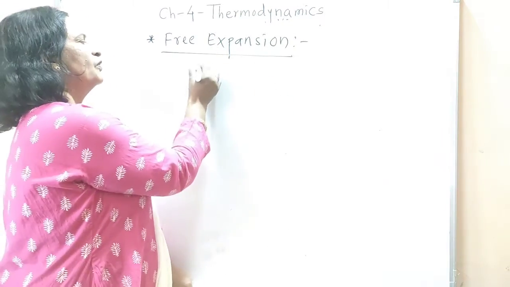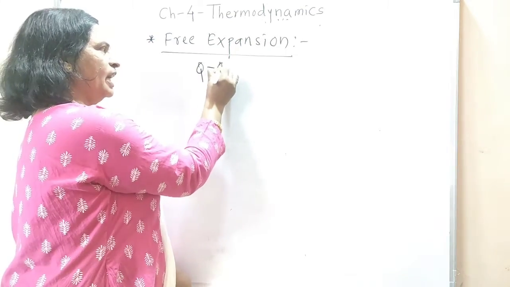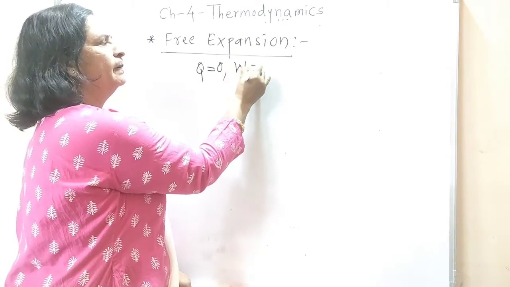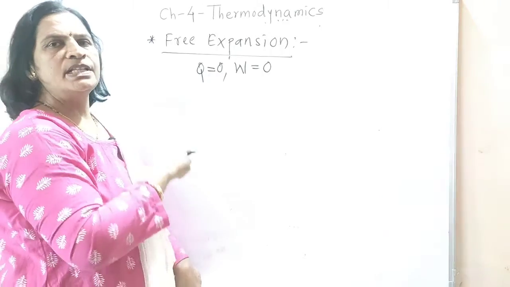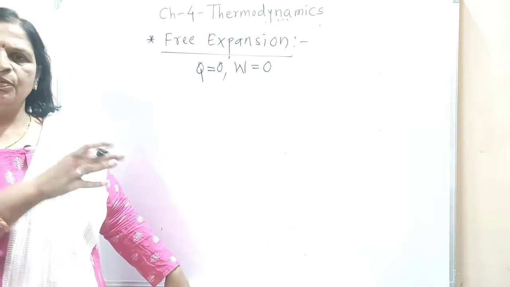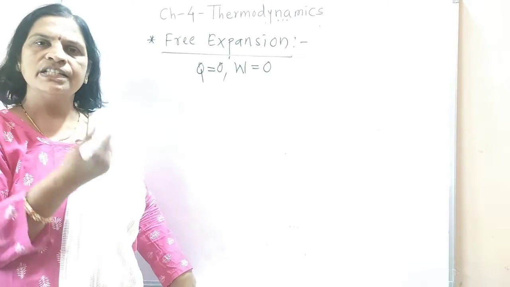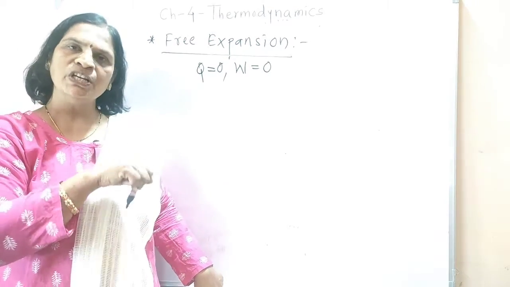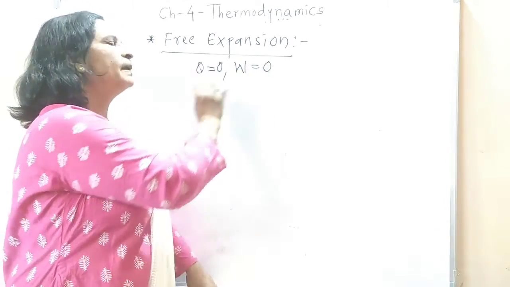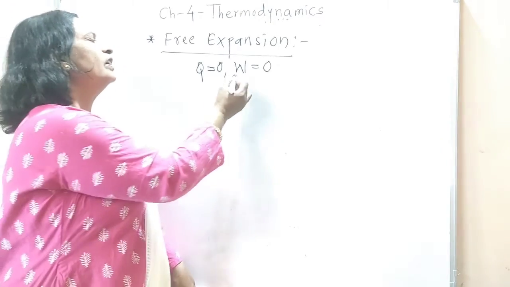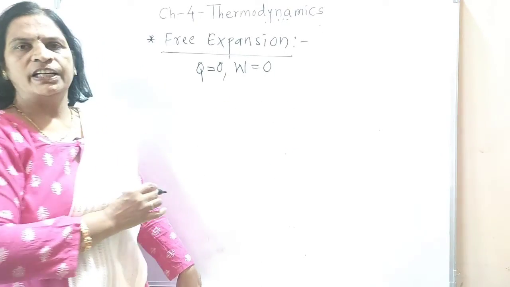In case of free expansion, Q is equal to 0 and W is equal to 0. Means no heat enters or leaves the system, and work done in that case is also 0, because expansion in vacuum is called free expansion, and therefore there is no necessity of work done.